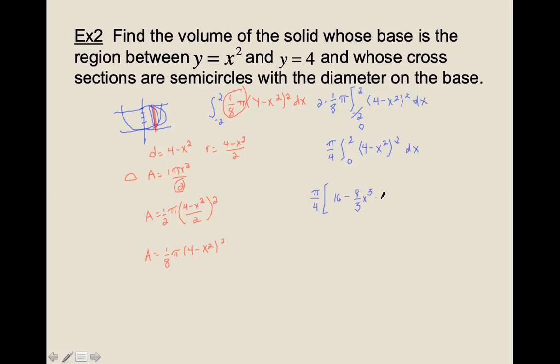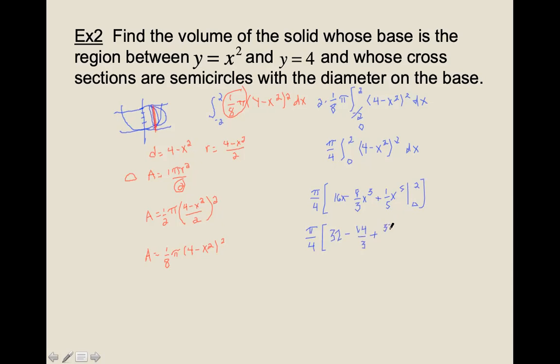And then we had 1/5 x to the 5th, the antiderivative of x to the 4th. And again, we're evaluating that from 0 to 2. And so when we did all of that work, oops, did I lose my x here? Yeah. When we did all that, we ended up with our 32 minus 64/3 plus 32/5.